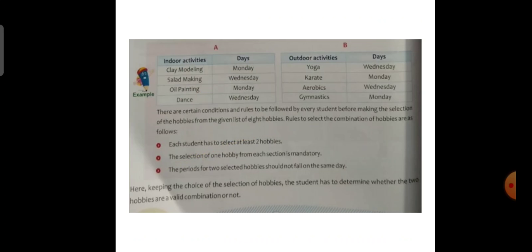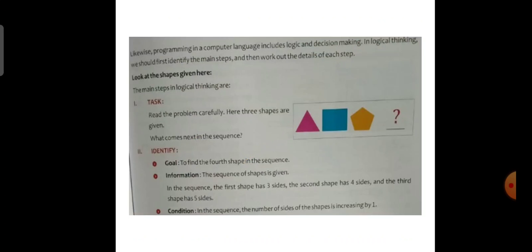The selection of one hobby from each section is mandatory. The periods for two selected hobbies should not fall on the same day. Here, keeping the choice of the selection of hobbies, the student has to determine whether the two hobbies are a valid combination or not. Likewise, programming in a computer language includes logic and decision making.